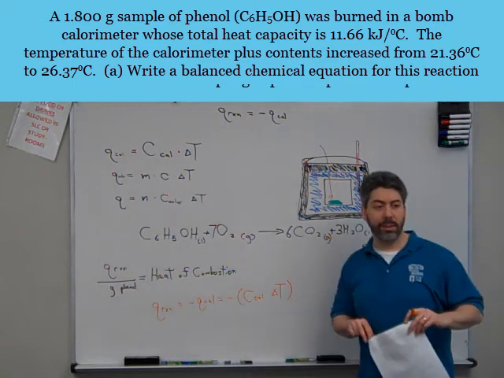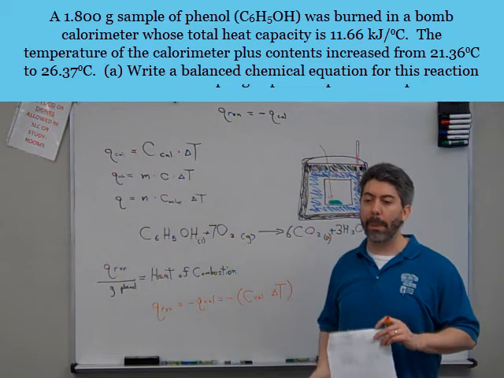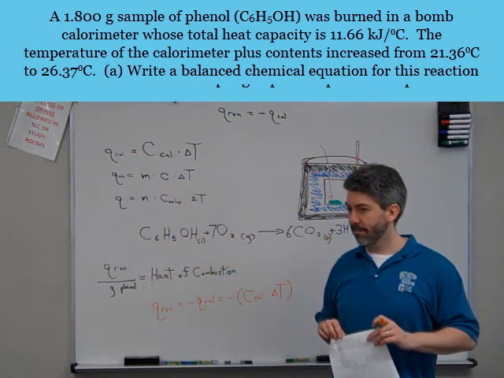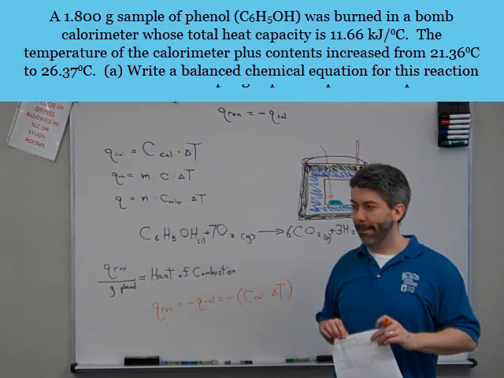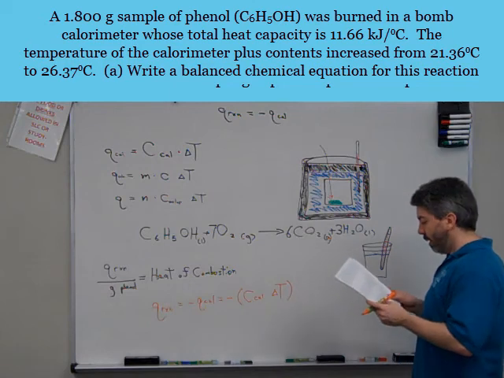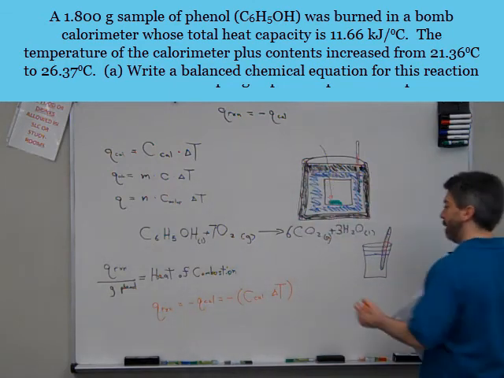What in the problem tells me I need to use the calorimeter one versus the solution one? The bomb. Yeah, it says you have a bomb calorimeter, and furthermore, it says the heat capacity of the calorimeter. So we're dealing with heat capacity here.